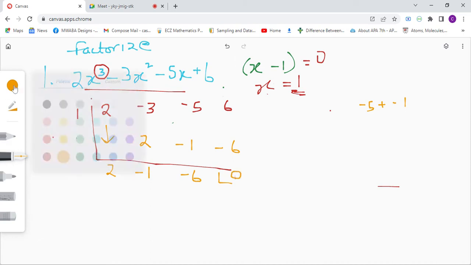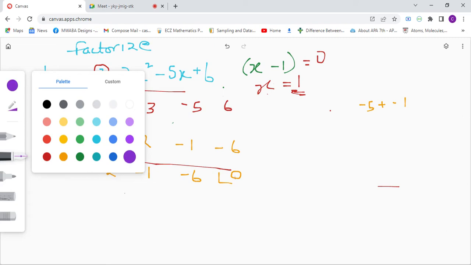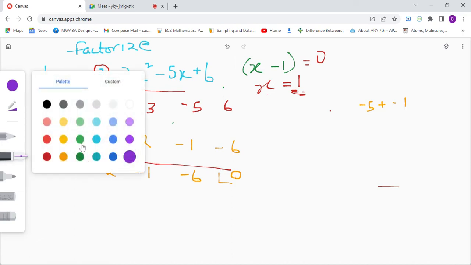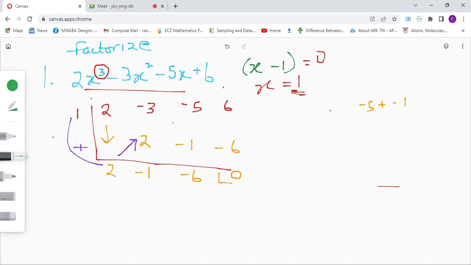So we've done our division. Sir, excuse me, sir, just there. So you get 1 by 2, that's the 2 that you put down there. Then you add. Like we drop down this 2, then we say 1 times 2, we get 2. Then we add negative 3 plus 2, we get negative 1.